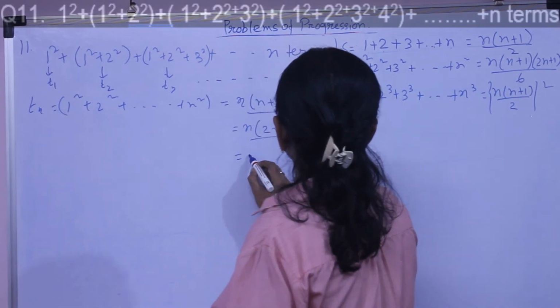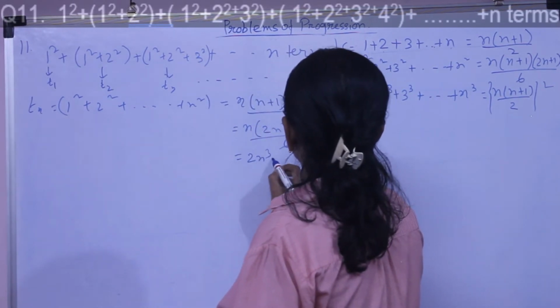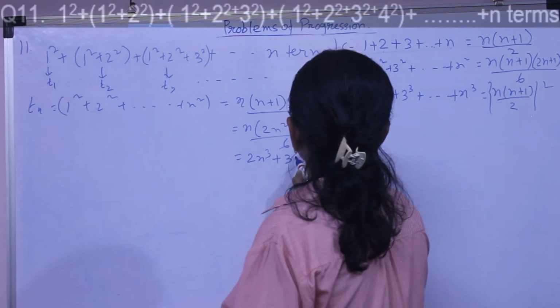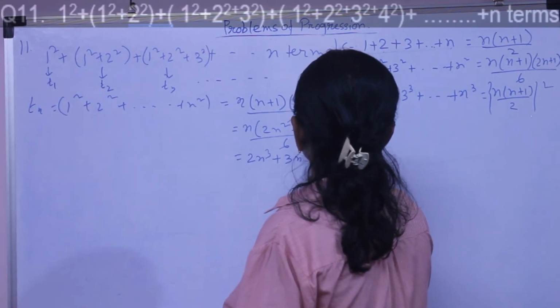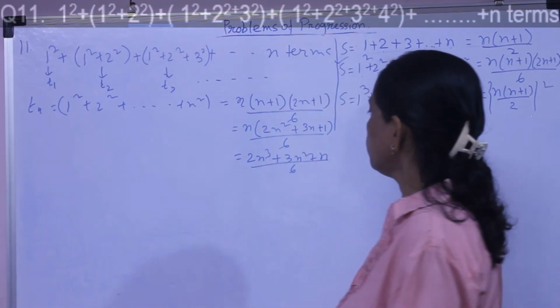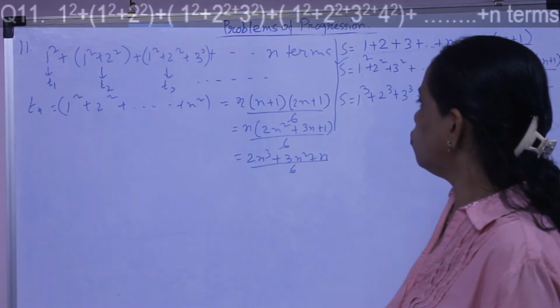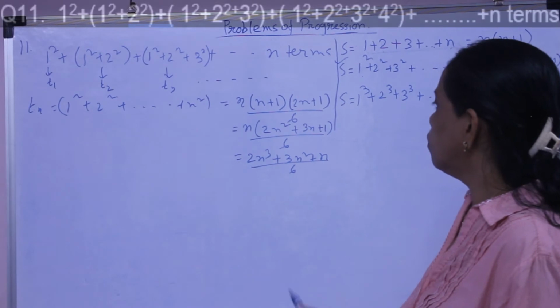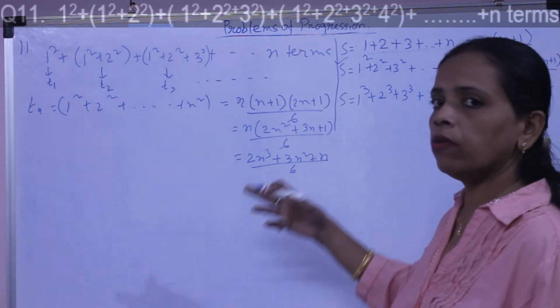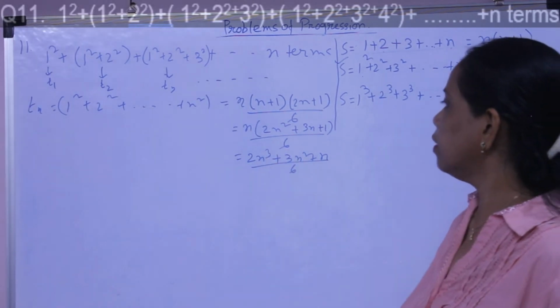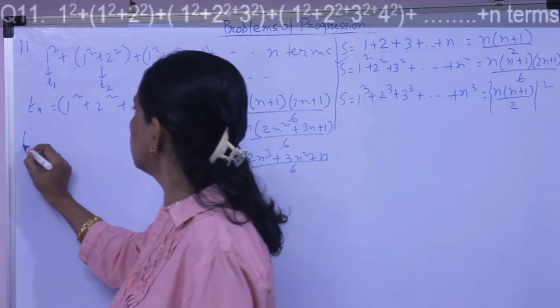So it is 2n cube plus 3n square plus n by 6. Now put the values 1, 2, 3 in T1, T2, T3 and you will get the summation.